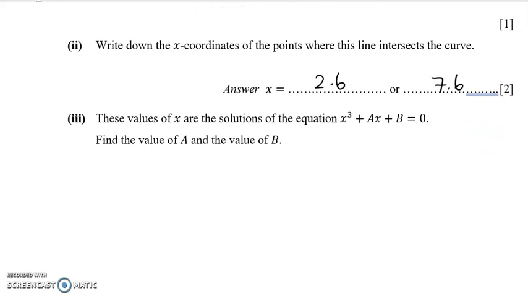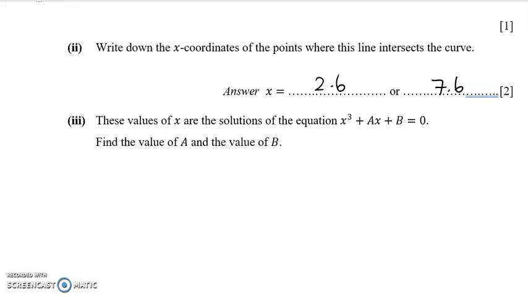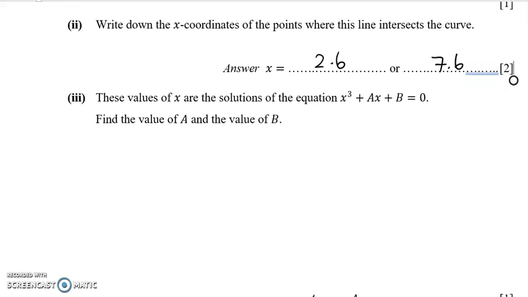These values of x are the solutions of the equation, and we want to find the values of a and b. Since the values of x are the solutions of this equation, what we have from part 2 is the points of intersection of the line and the curve.